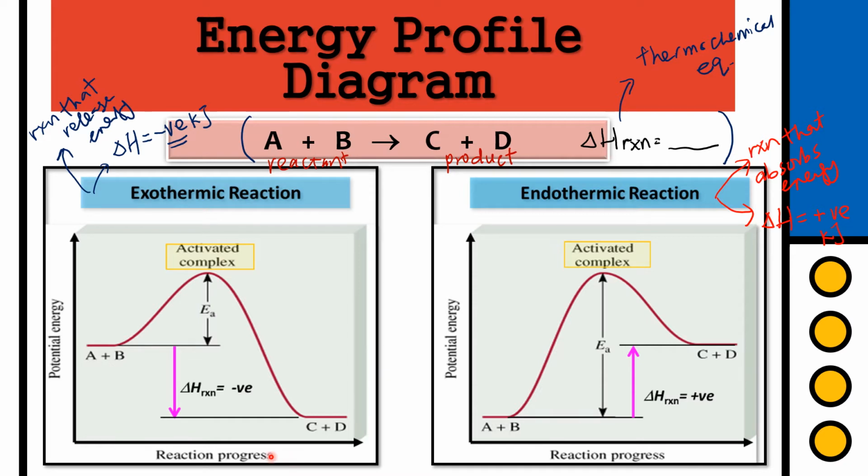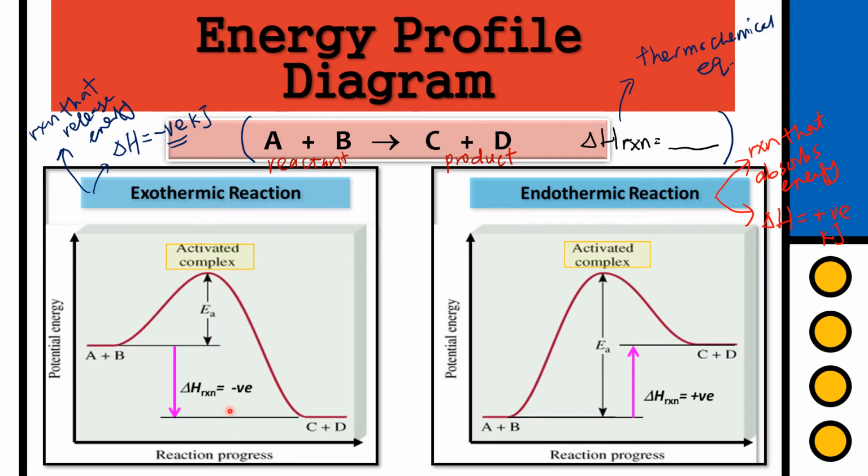Okay, there will be no value on the axis because this is just sketching a graph. There will be no data. The only data that you will have is maybe the question will give you the value of the activation energy and the value of the delta H reaction. If the question gives you the value for the EA and also delta H reaction, you must write it down in the diagram. Okay, but if not given, you just label as EA and delta H reaction like this.